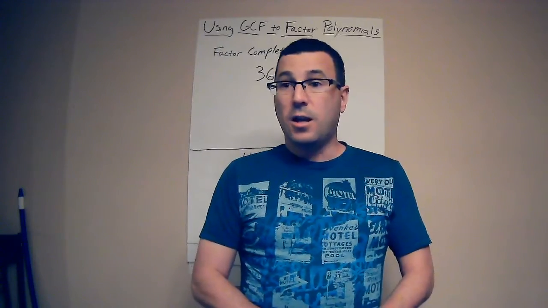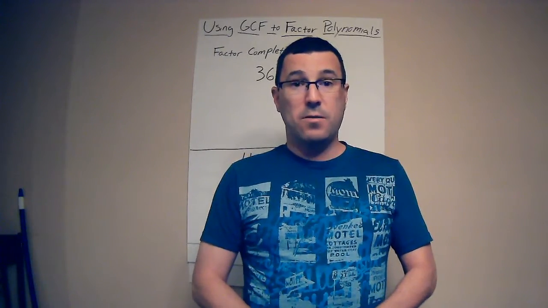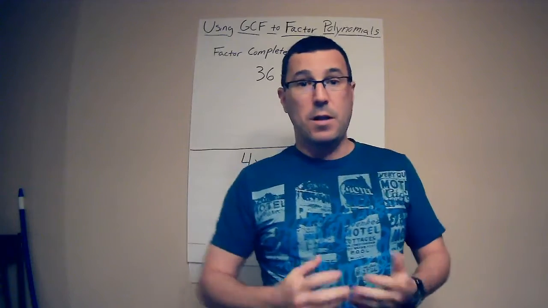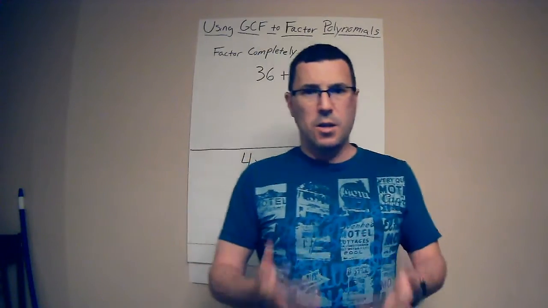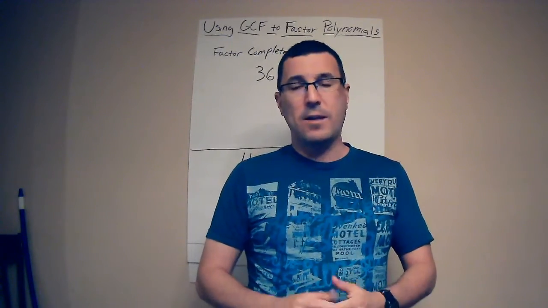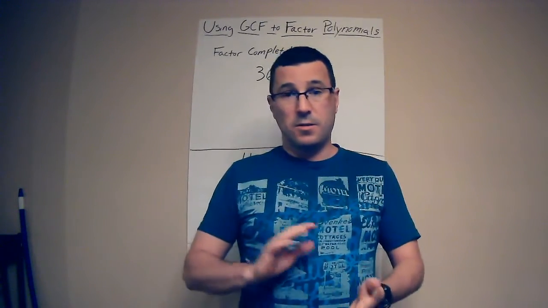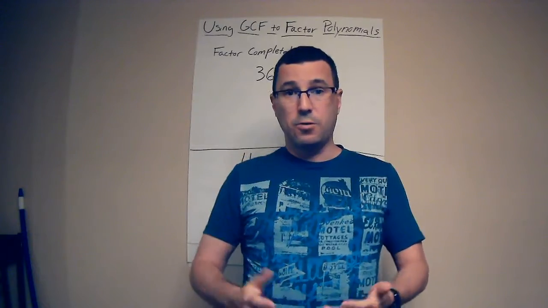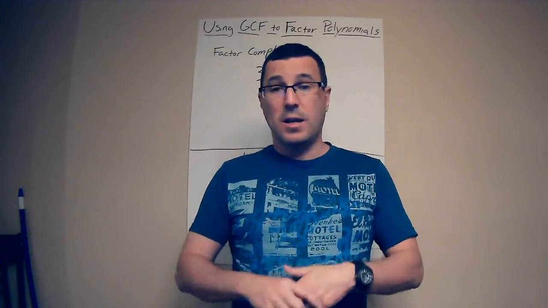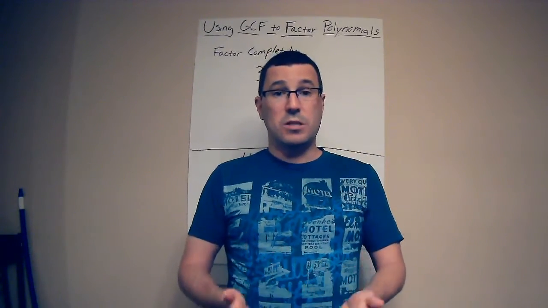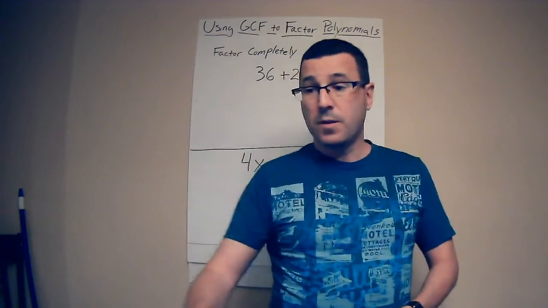So we're going to begin talking about factoring polynomials, and there's a number of different ways that we can factor polynomials depending on the polynomial that we're given. There's several levels of this. The first one that we're going to talk about, and it's the most basic one, is to use GCF, or greatest common factor.